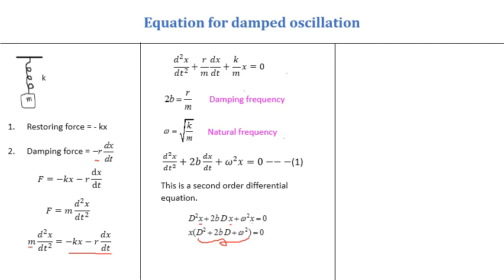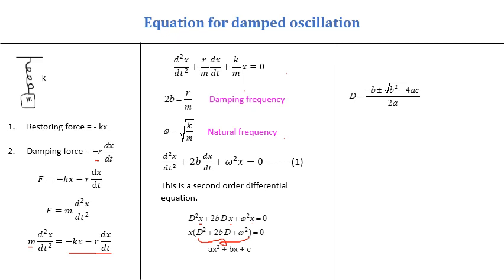So this is a quadratic equation in the form ax square plus bx plus c. The solution for this type of expression may be given as D is equal to minus b plus or minus square root of b square minus 4ac divided by 2a.